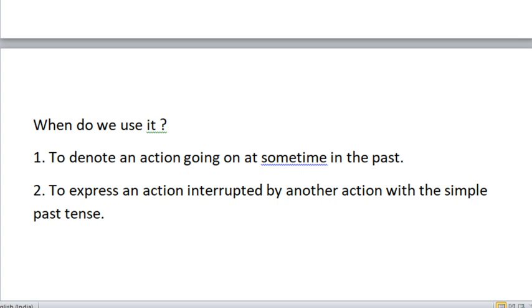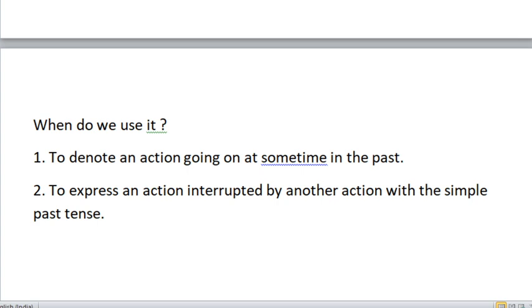When I was talking about my habits, good habits, the teacher scolded me. Or when I was talking about yesterday's deed, my friend called me. So plenty of sentences you can create.